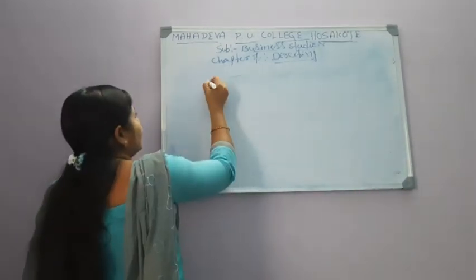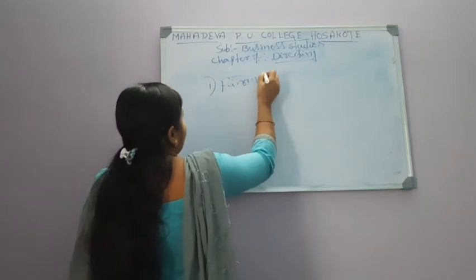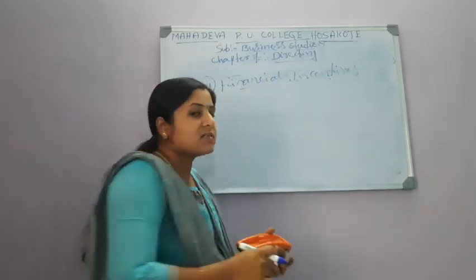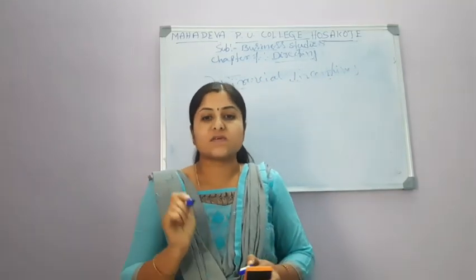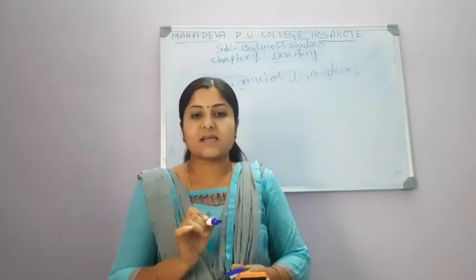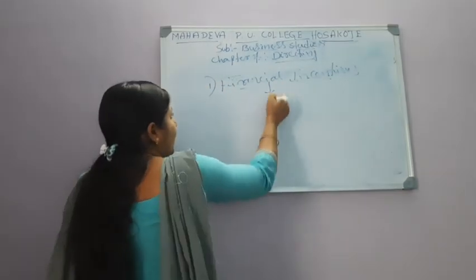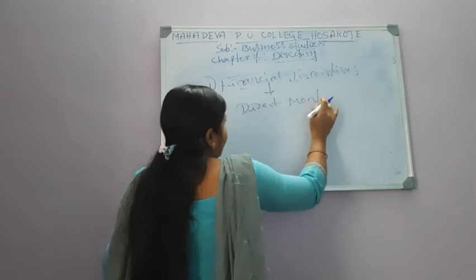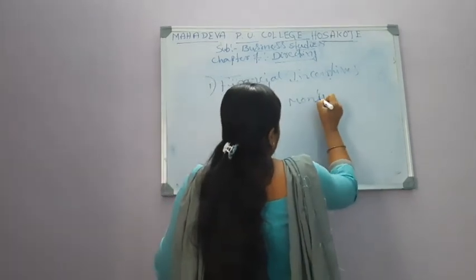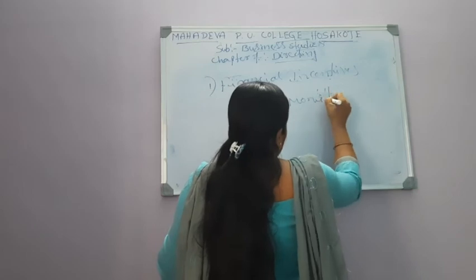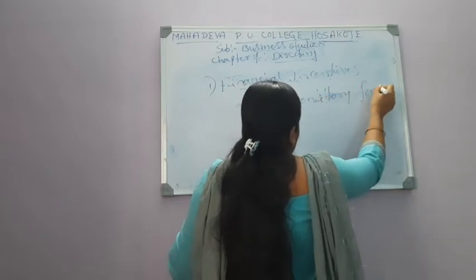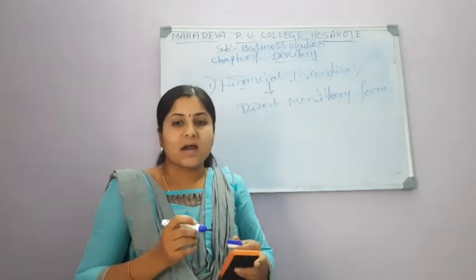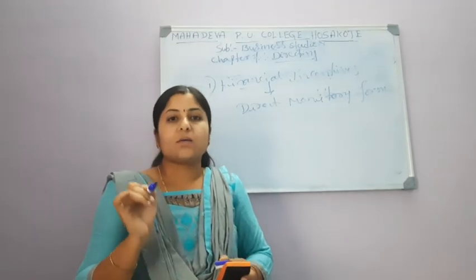One is the financial incentives. What are financial incentives? They refer to incentives which are in direct monetary form, or measurable in monetary terms and serve as a better reference.